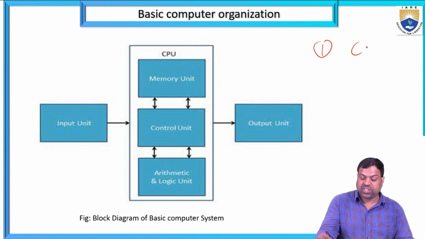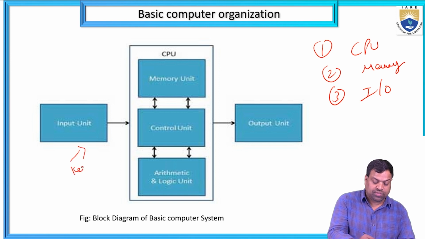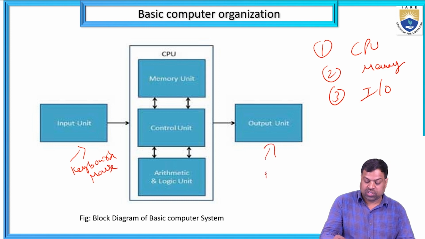In the computer system we need CPU, memory and input output. Inputs are the keyboard and mouse. Outputs are the printers.